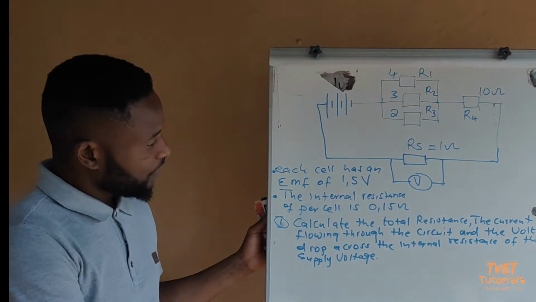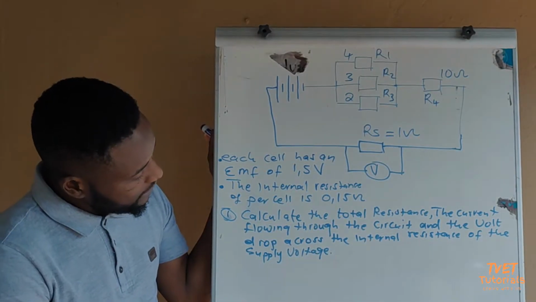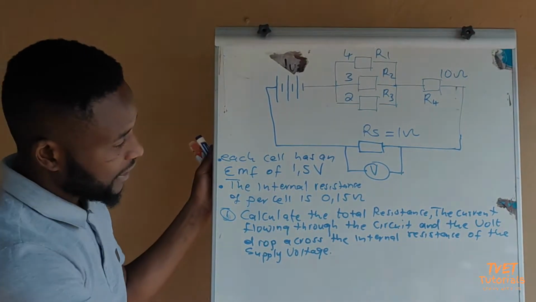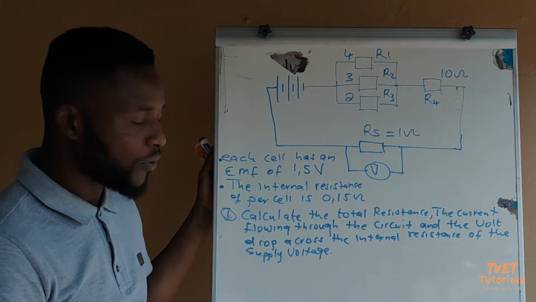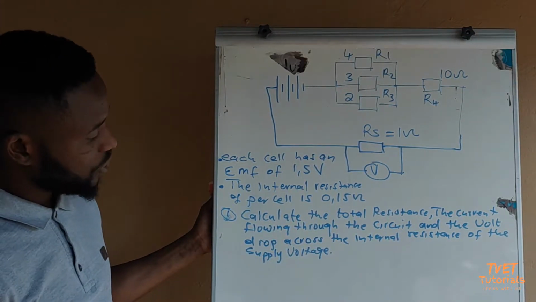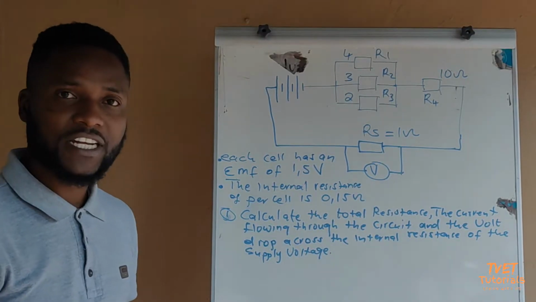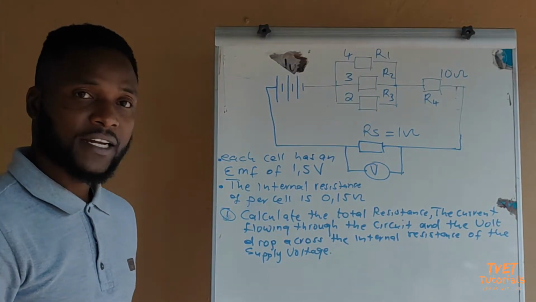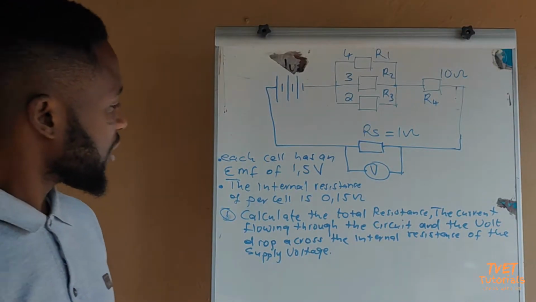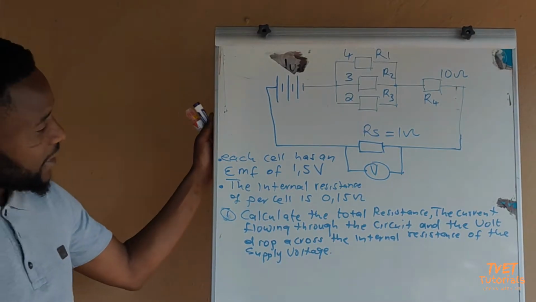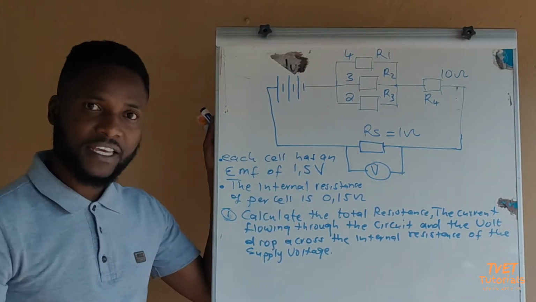Now we are asked to calculate the total resistance of the circuit, the current flowing through the circuit, and also the voltage drop across the internal resistance of the supply voltage. There is information we are given that is not on the circuit itself, so let's check this information so that we can add it there.